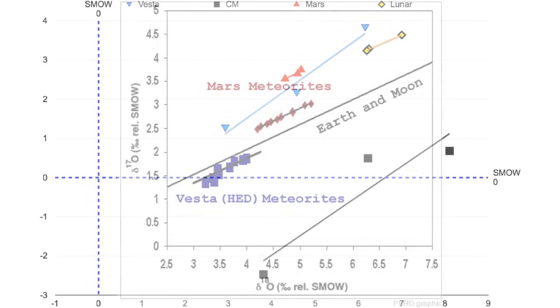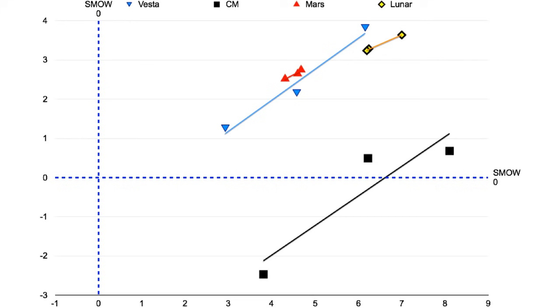And here's my plot again. I don't have any Earth rocks. What I should do is put a chunk of Florida limestone, a couple of those, and the PDB belemnite limestone up in South Carolina, and then put those on this plot.